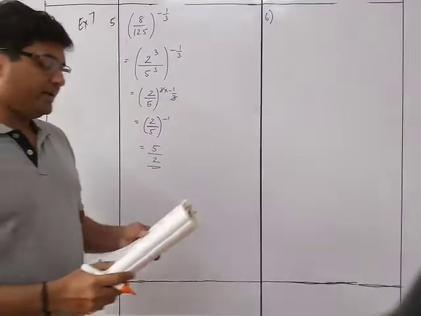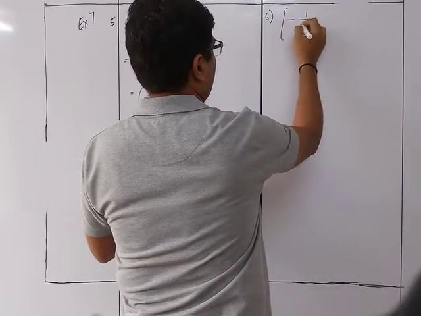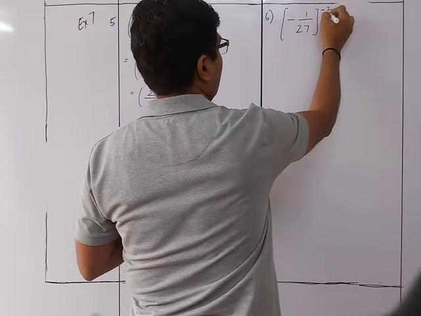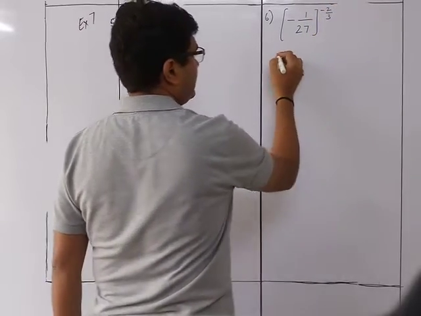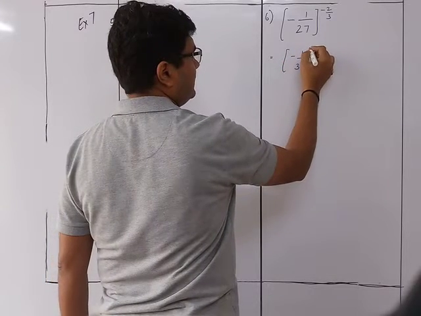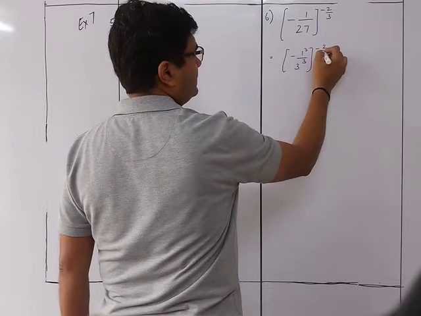Again, quite an easy sum. It's (minus 1 upon 27) the whole raised to minus 2 upon 3. That will give me (minus 1 upon 3 raised to 3) raised to minus 2 upon 3.